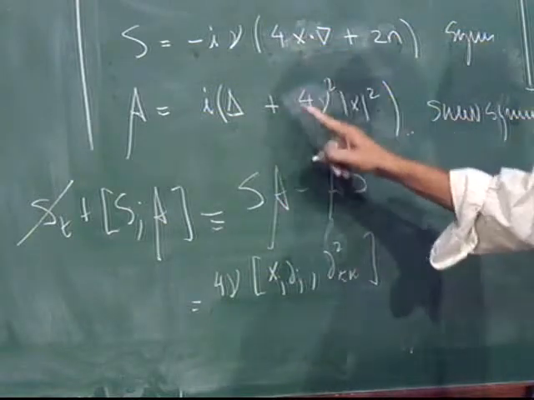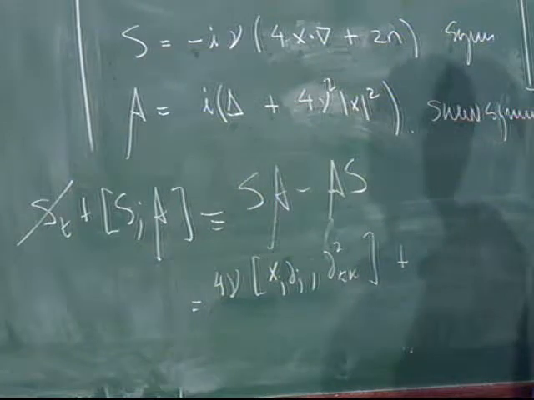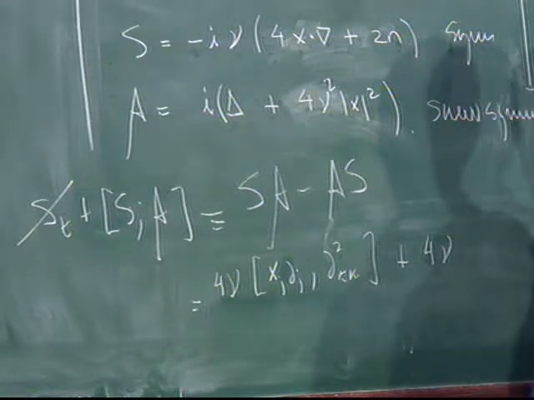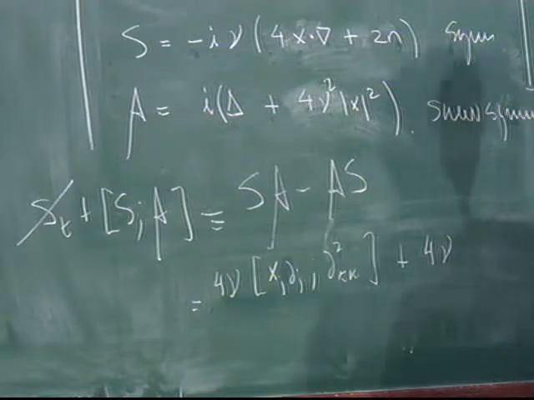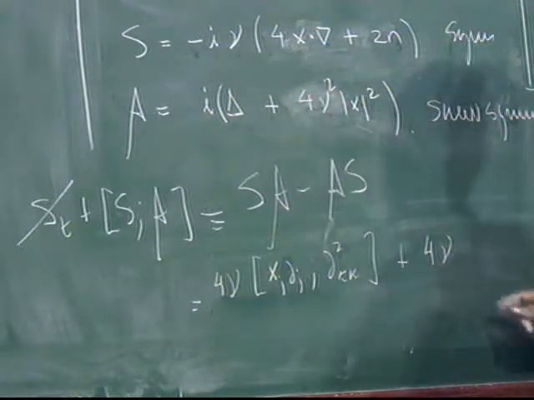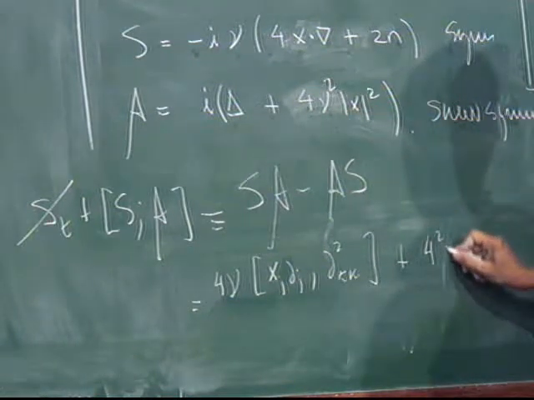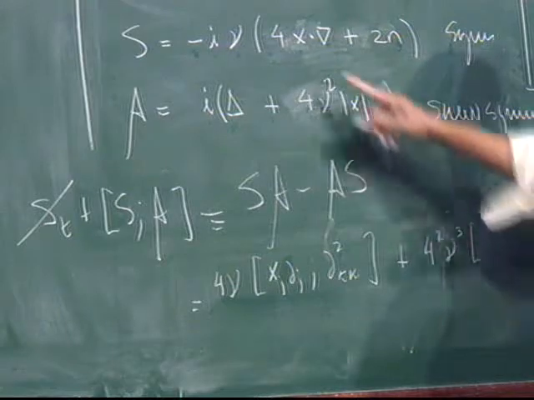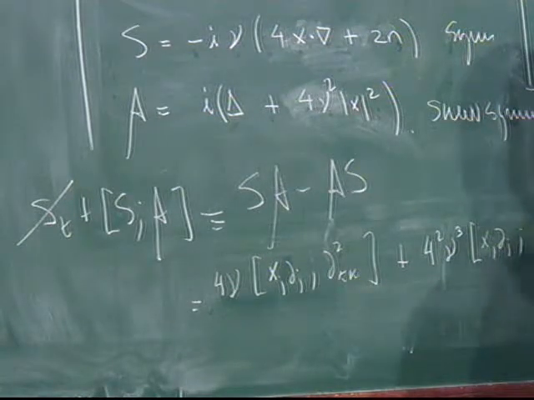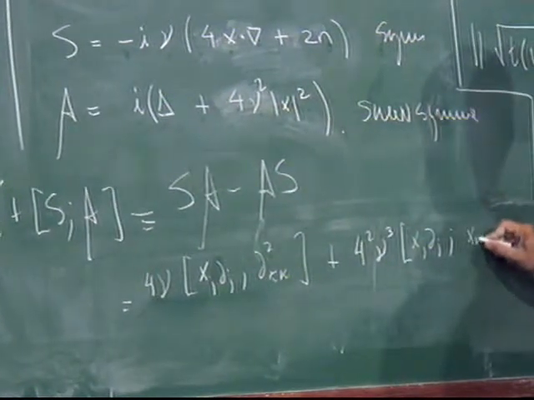This commutes with this. This commutes with this. It will be 4, this is 4, and then you have another 4 here, then it's going to be 4 squared gamma cubed of this one, x sub j dj applied to this one, x sub k squared.